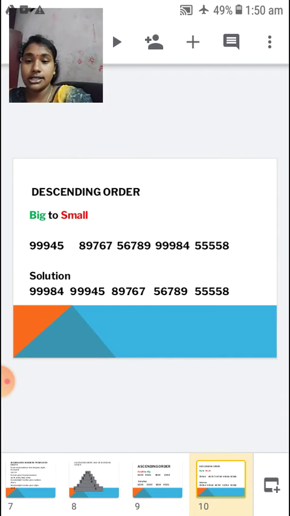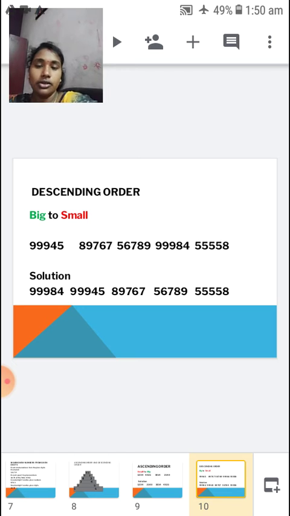Descending order is nothing but the opposite of ascending order, that is, it starts from the biggest number to the smallest number. Now let us see one example for this.